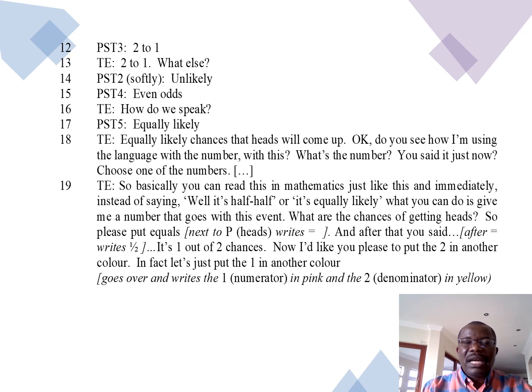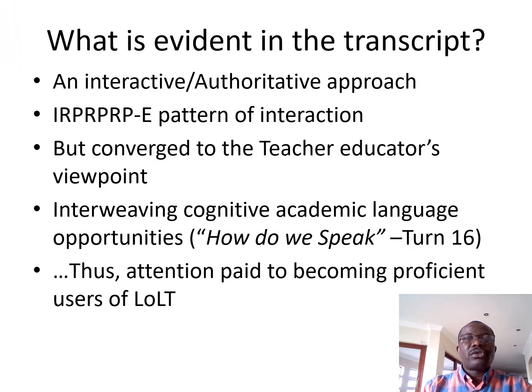So when we look at this transcript, what is evident is that there is an interactive authoritative approach that lends itself to the IRP, initiation response prompt, pattern of interaction, but that converges in the teacher educator's viewpoint, and that's why it is interactive authoritative, because it converges.